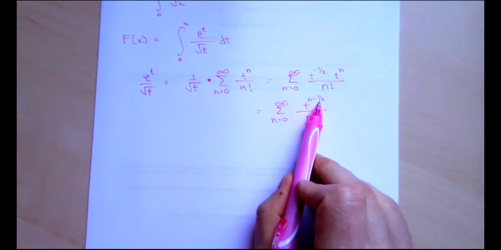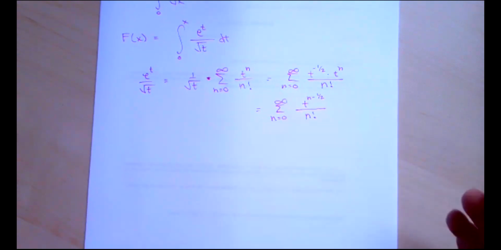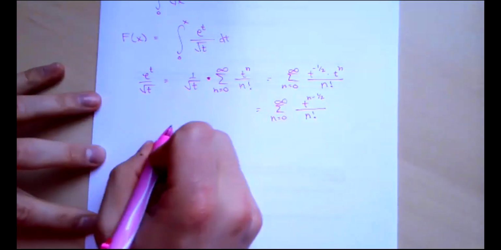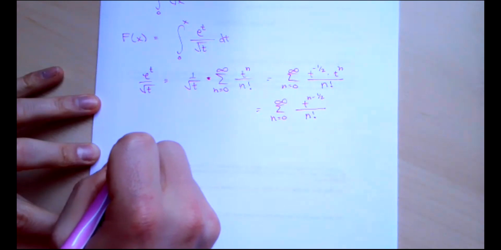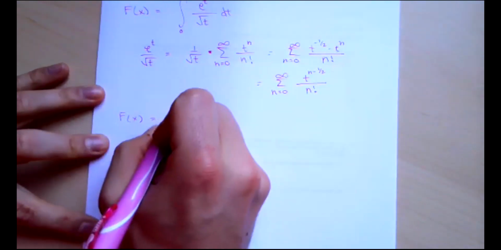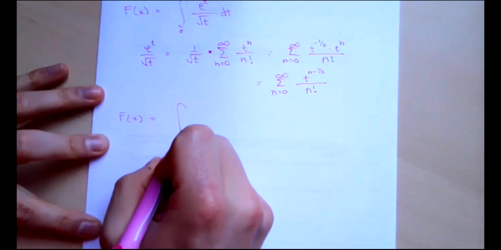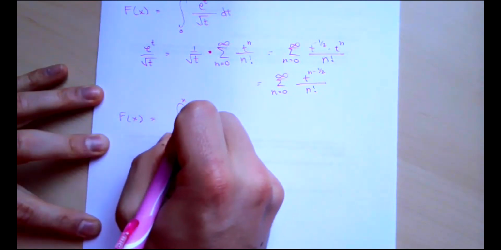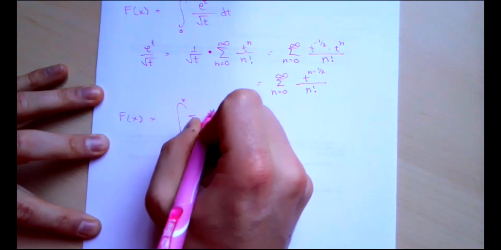So we would just subtract off that constant 1/2 from the exponent. But now our f of x, we can write as an integral from 0 to x of that guy, our power series.